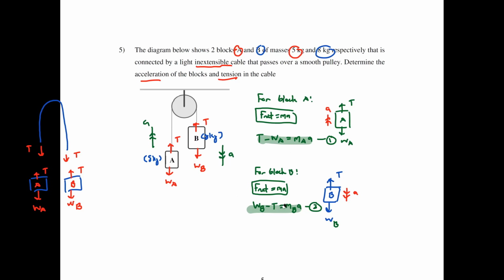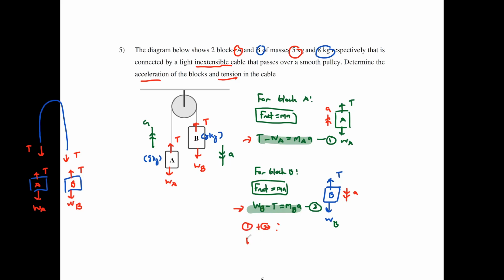Okay, so now I have two equations. I can now actually work out and find out the variables. I can find out either A or T. But let's just say I want to find out A first. You see this form of equation here, I can actually just say 1 plus 2. You see this is T, this is negative T. If I add them out, they will cancel off.